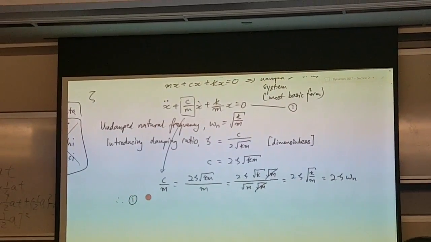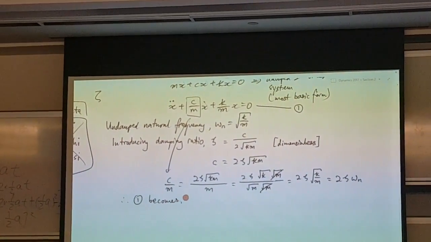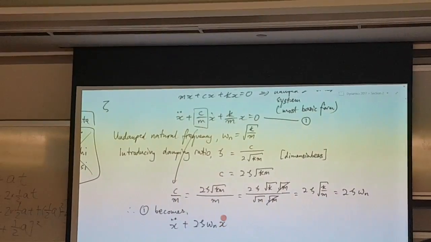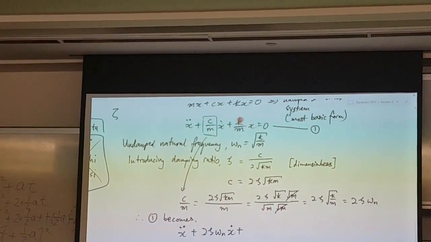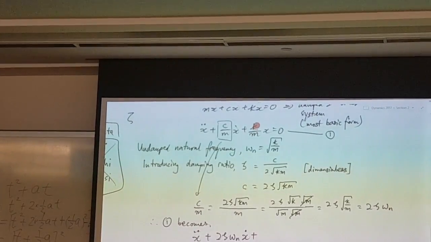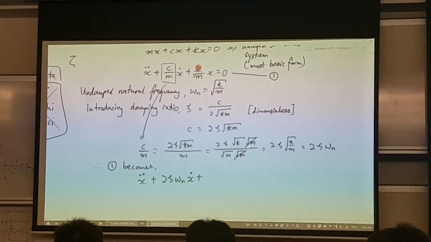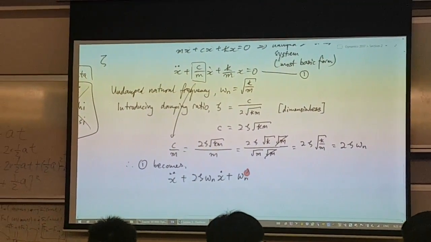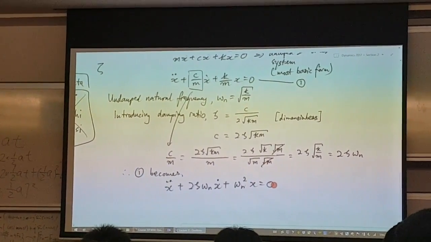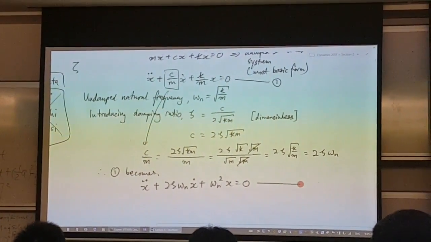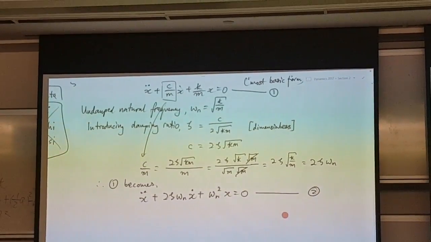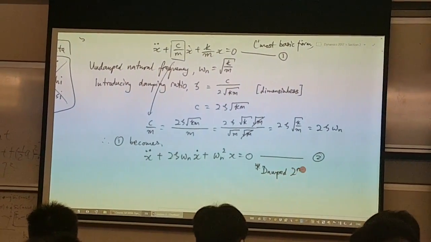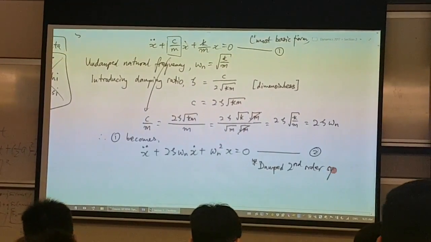So equation 1 now becomes x double dot plus 2 zeta omega n x dot plus omega n squared x equals 0, a term we have seen in the natural oscillation or free vibration. I'll call this equation 2. So equation 2 is now our damped second order system.